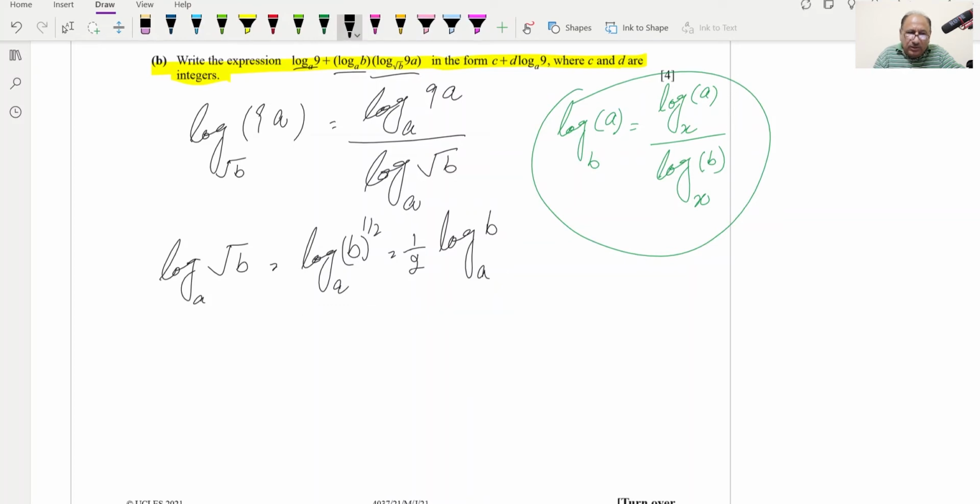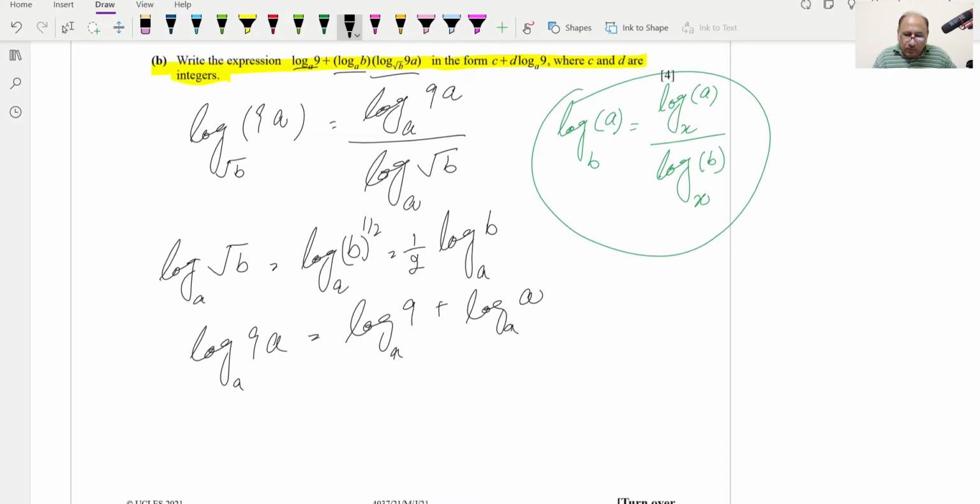Now similarly we can solve log base a of 9a, and this will be equal to log base a of 9 plus log base a of a.